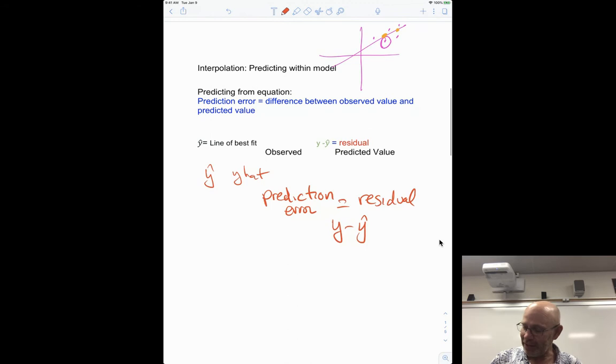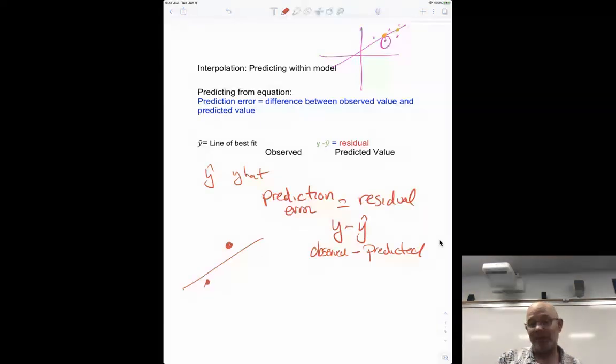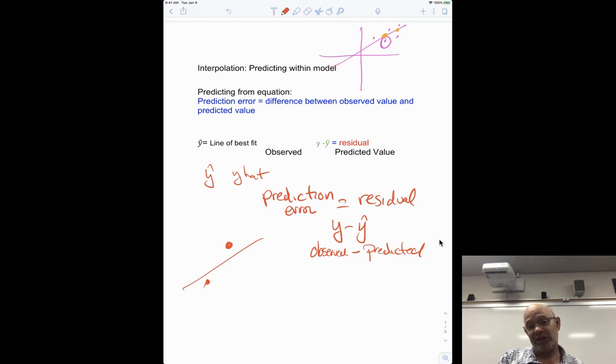And what that means is the observed value is the y, and the y hat is the predicted value. It's very important you do it in that direction. The observed value minus the predicted value. Anything that's above the line of best fit, the residual will be positive because the observed value is higher than the predicted value. Anything below the line of best fit is going to have a negative residual.